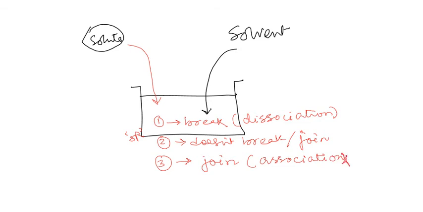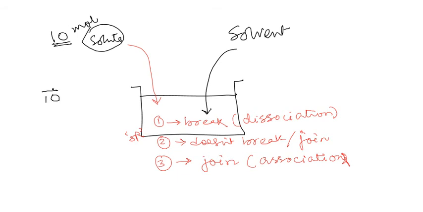Now there is another thing that we have to consider. When the solute is breaking, how much of this solute breaks? Let's say if you had taken 10 moles of the solute, how many of them have broken?